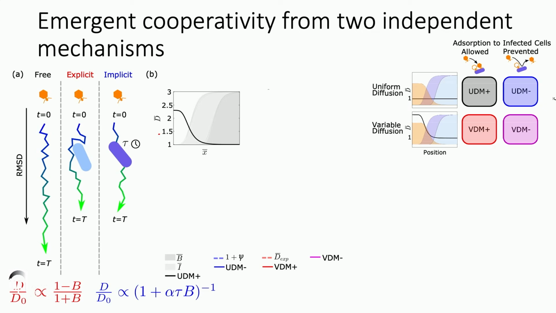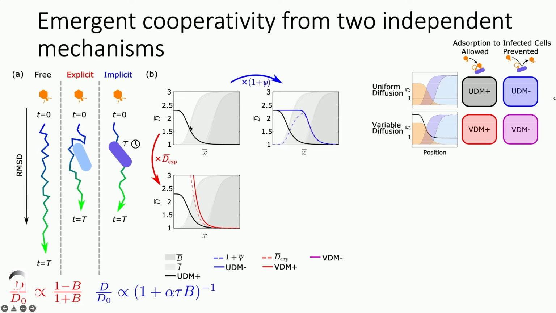You will always have the front diffusing slower than the back. If you then introduce the explicit effect, so you go to the VDM plus model, you go from this black line to this red line, because now the phage at the front is not only stuck in the bacterium, it also has to navigate around the bacterium. So this physical effect creates an even greater imbalance between how fast the phage diffuses at the front versus the back.